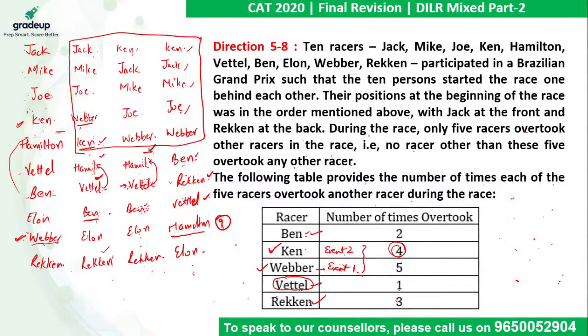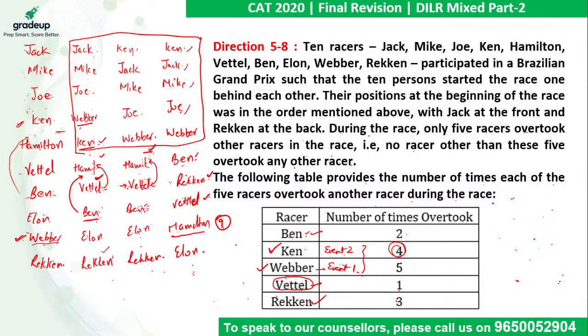So first of all, when Ben will overtake, okay, so it should be done now in a bit different way. So let's consider now this case, because Ben is going to overtake a total number of times, which is 2. So let's consider when Ben overtook Vettel, right?